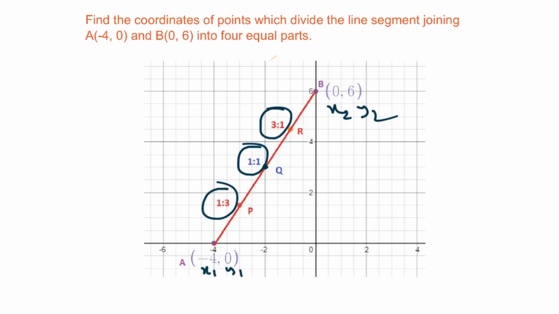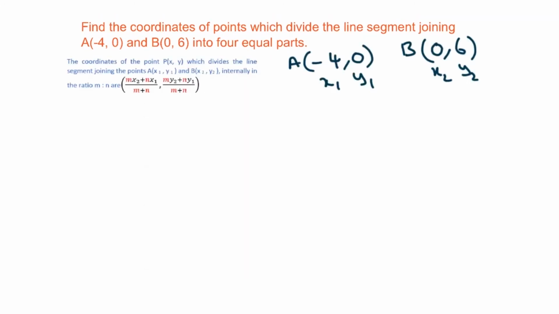P divides in the ratio of 1:3. So for P, m is to n is 1:3.